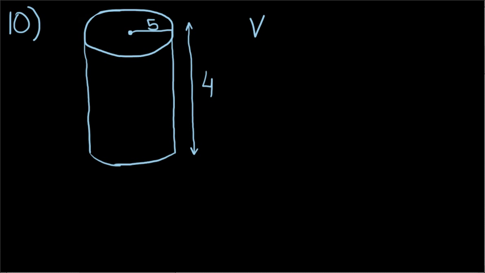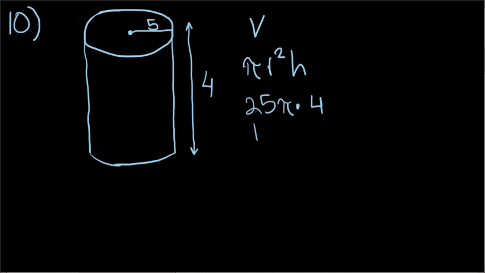So, for starters, let's find the volume of this cylinder, which would be pi r squared times height. So if we keep pi as it is, that would be 25 pi times 4.